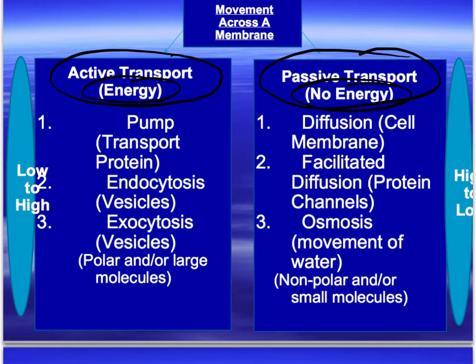My best example is this: if I'm holding a book close to the ground and I want the book to touch the ceiling, I have to go against the law of gravity. So I have to add energy to make the book touch the ceiling. If I'm holding a book at the ceiling and I want it to touch the floor, I can do this passively.